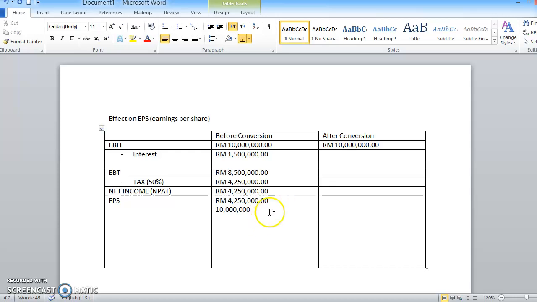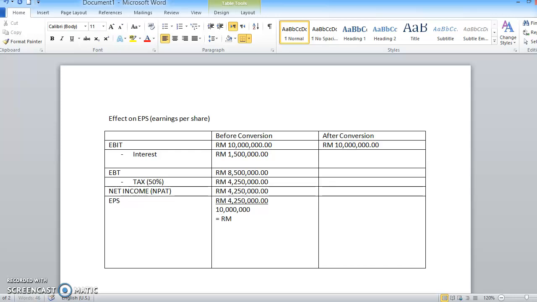So we divide 4,250 thousand by 10 million units of share. Ini adalah jumlah unit share outstanding. So that's how you get EPS, the earning per share. Net income bahagi dengan jumlah unit share outstanding.